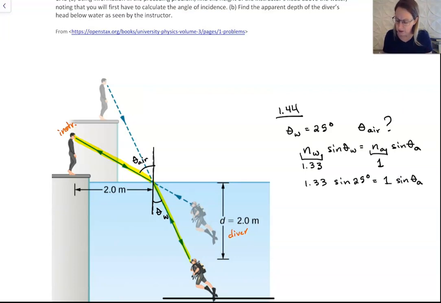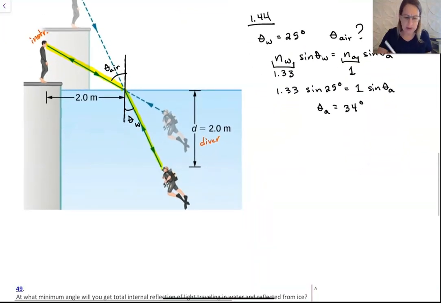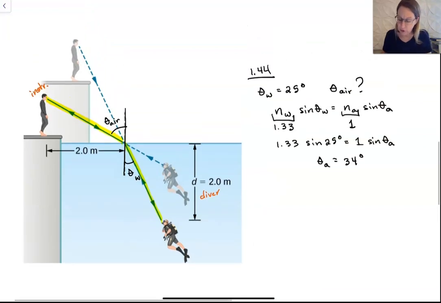When we calculate this out, we get theta air is equal to 34 degrees. So it's a bigger angle, as we expect. This is where you can start to see the drawing goes a little awry, because this angle looks more than 45 degrees. So that's the first part of this problem.